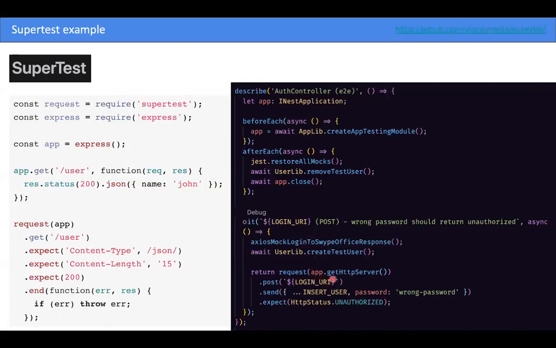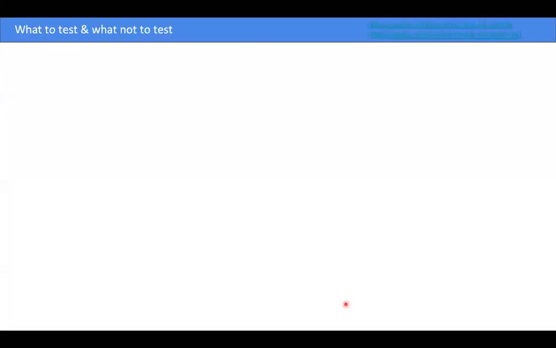And then I make a request to the API to log in with that specific username and the wrong password. So the user is in the database, but with another password, and then I expect to receive an unauthorized error from the server. So this is how you use Supertest for end-to-end API testing.